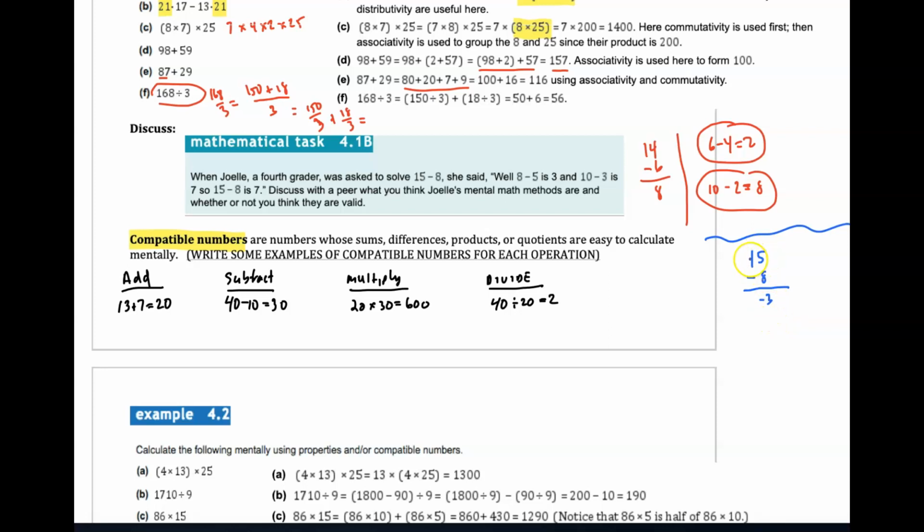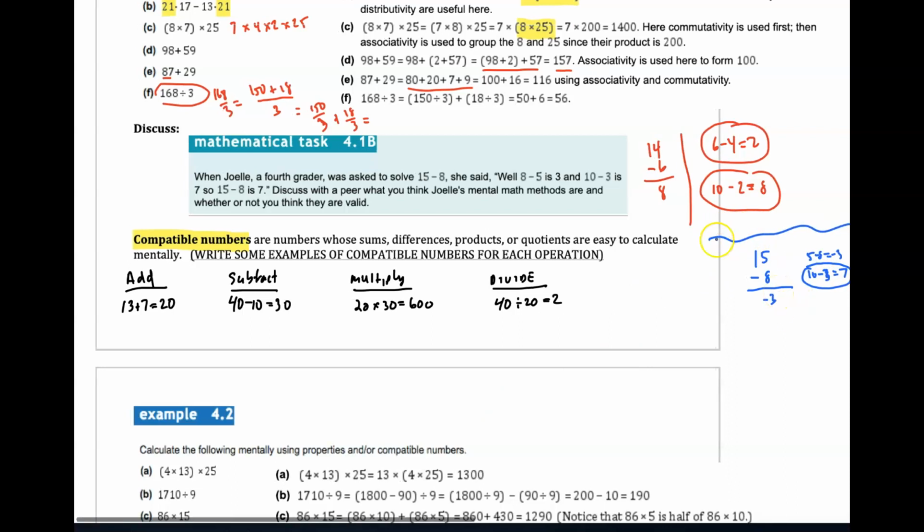So really what you're doing is negative 3, and then you're going to have 10 minus 3, which is 7. And so when you do the 10 minus 3, you end up with 7, which then works there. But again, that's what the student's really doing. They just didn't write it out. They're using negative numbers without writing that out.